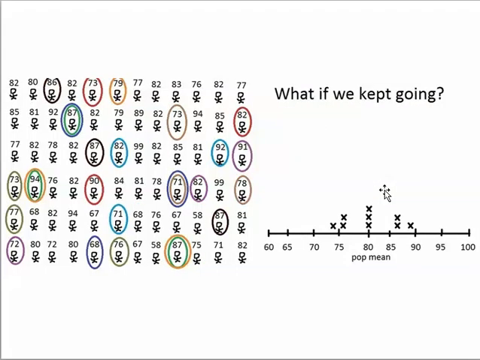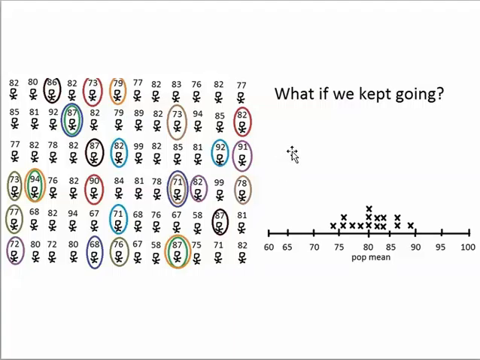So what we're actually looking at here is the possible samples that could be selected if someone randomly selected a sample of 3 people from this population.